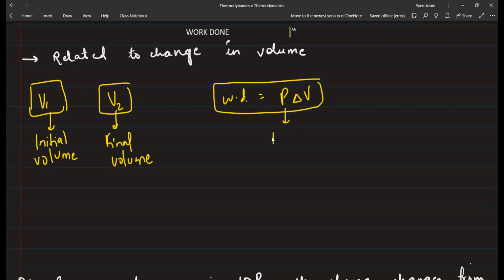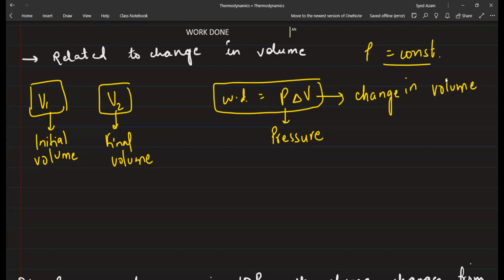P is the pressure, delta V is the change in volume. Okay, pressure times change in volume. Provided your pressure is constant. One thing also is there for the utilization of this formula, that pressure has to be constant. Let's say the pressure is variable.